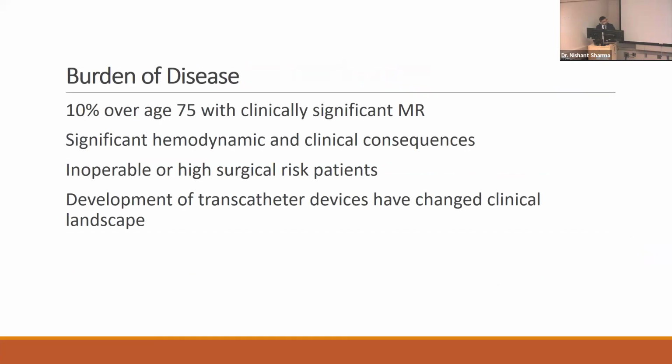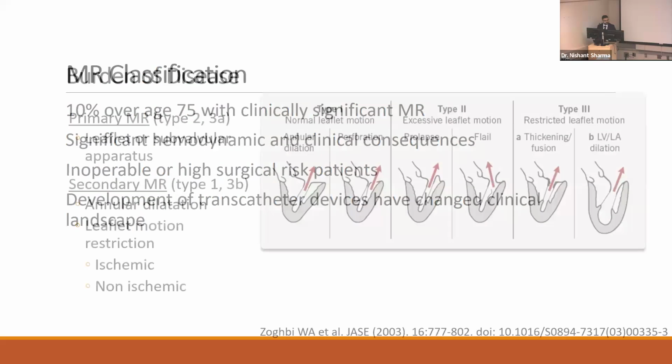So just to start off, outlining the burden of disease, we know that MR is very prevalent, with 10% of patients over the age of 75 having significant MR. When left untreated, the consequences of severe MR include significant changes to LV dysfunction, reduced cardiac output, and pulmonary congestion. And all of this leads to heart failure, hospitalizations, and increased mortality.